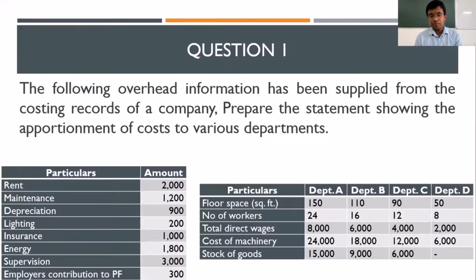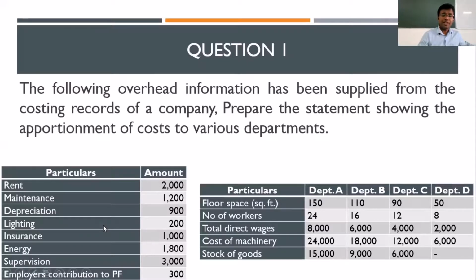But this rent of rupees 2,000 is enjoyed not by one department, not by two departments, but by 4 different departments: department A, department B, department C, department D. It is enjoyed by all these 4 departments put together.